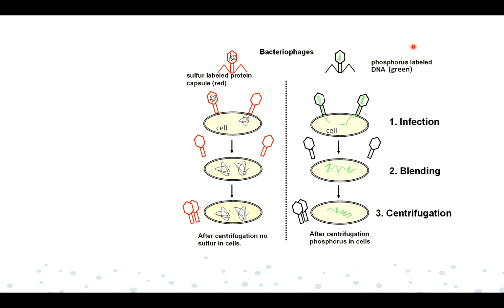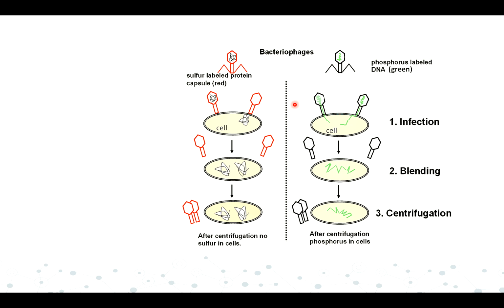They have taken a bacteria and they have taken a virus. When a virus infects bacteria, we call them bacteriophages. So these are the bacteriophages. In the bacteriophages, they have taken the protein and the DNA content, and both are radioactively labeled, and then later on they have checked which is coming to the next generation.